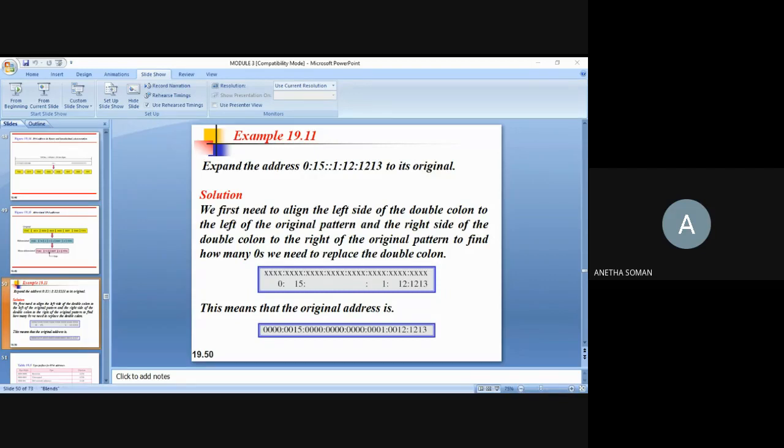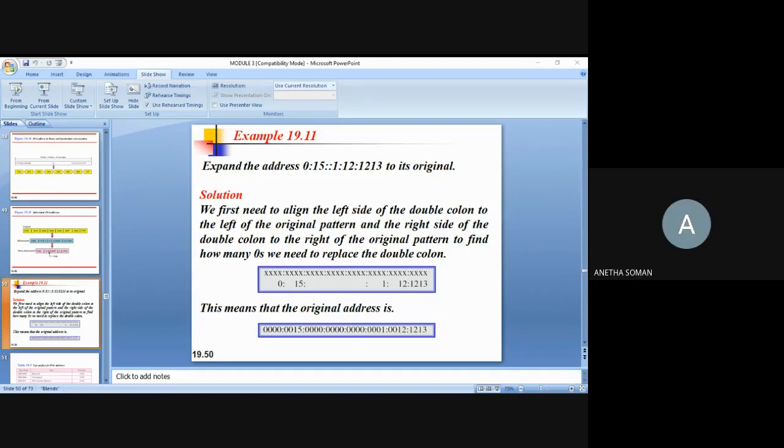How many bits were there in IPv4? Yeah, Atulya, you can answer. 32 bits. So what was the total address space? 2 raised to 32.